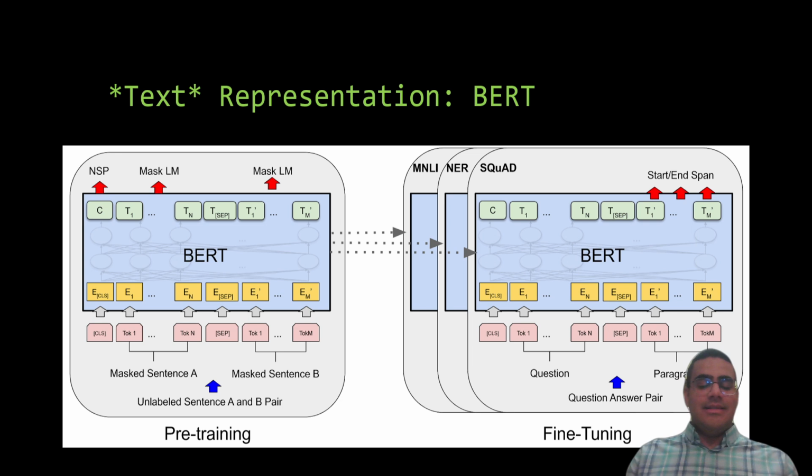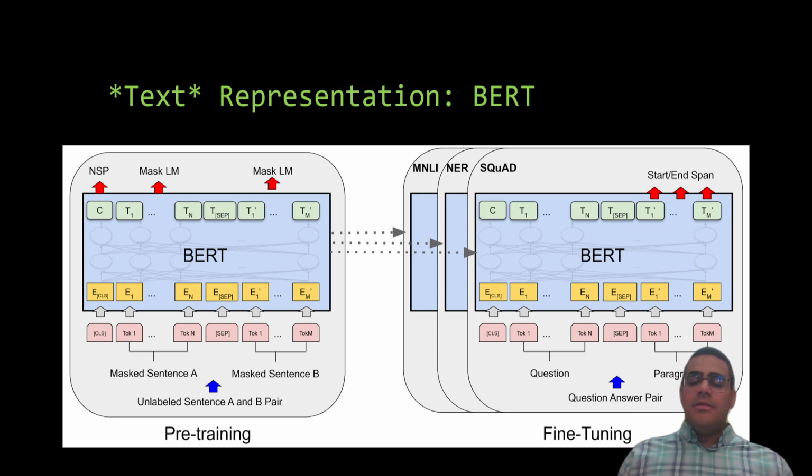The first task is called NSP, or next sentence prediction, which is basically a binary classification. We are asking the BERT model to predict whether these two inputted sentences are related to each other or not. The NSP output is basically one or zero, meaning that these sentences are related or not.